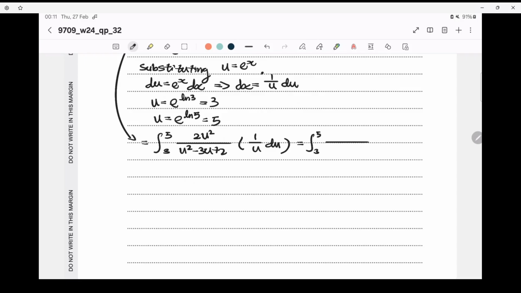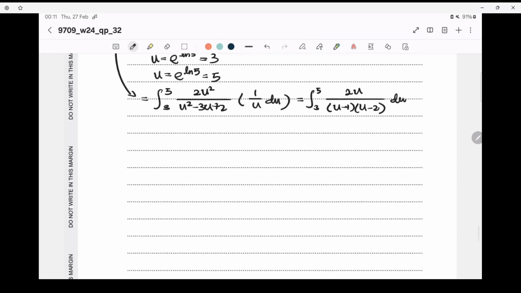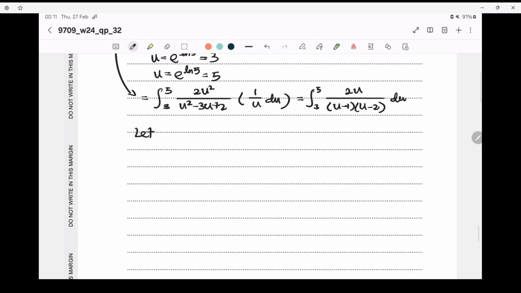So u squared minus 3u plus 2, that is (u minus 1)(u minus 2), yes. On top it will be 2u du. So now you do the partial fraction.